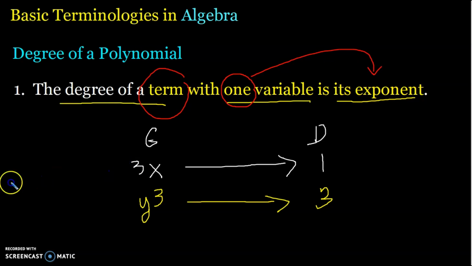But what if we have a negative 4? As you can see, it's just a constant. What is its degree in this case? There's no letter written beside it, right? If you say 1, it can't be, because in 3x there is an x, and its exponent is 1. Since there is no variable beside it, its degree is 0.